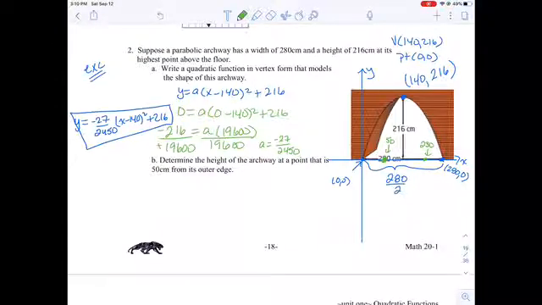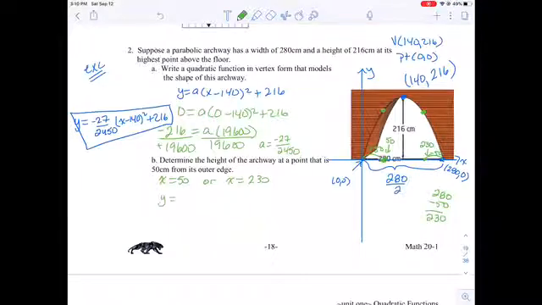I'm moving 50 in from 0, that's 50, or 50 back from 280. So 280 minus 50, right? 280 minus 50 is 230. So if my x value is 50 or my x value is 230, I can use either of those.